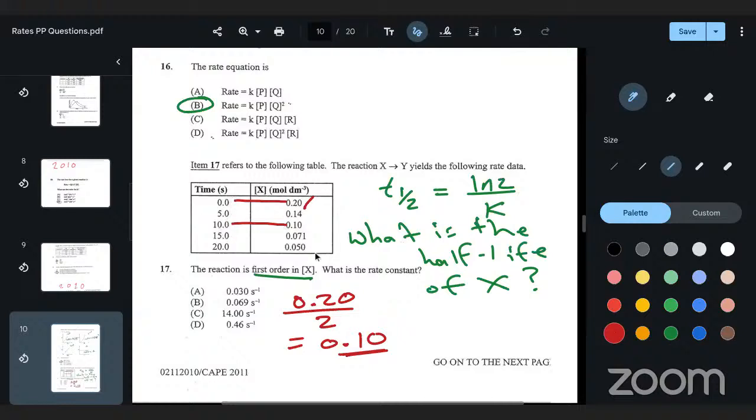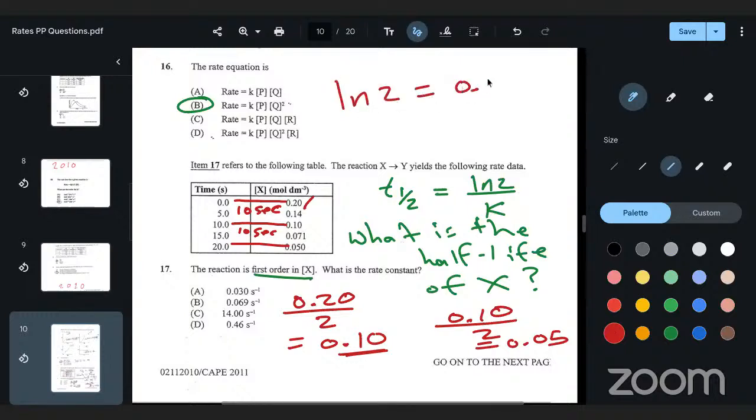And if you check again, 0.10 divided by 2 would be 0.05. So from 0.1 to 0.05, that's another 10 seconds. 10 seconds there, 10 seconds. So you're correct, the half-life is 10 seconds. And ln2 is equal to 0.693.